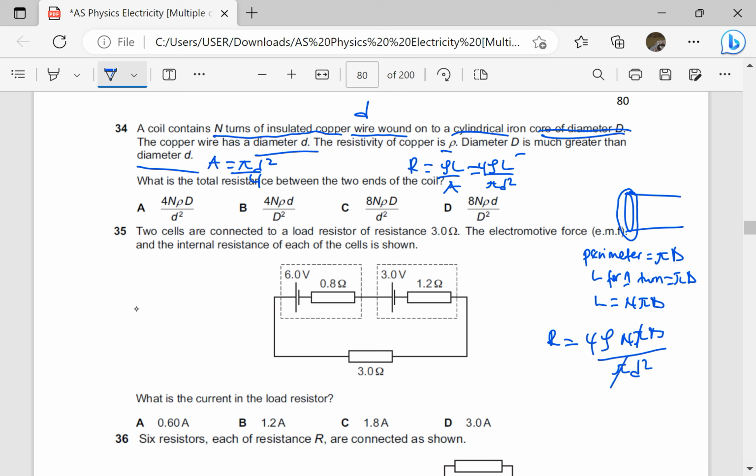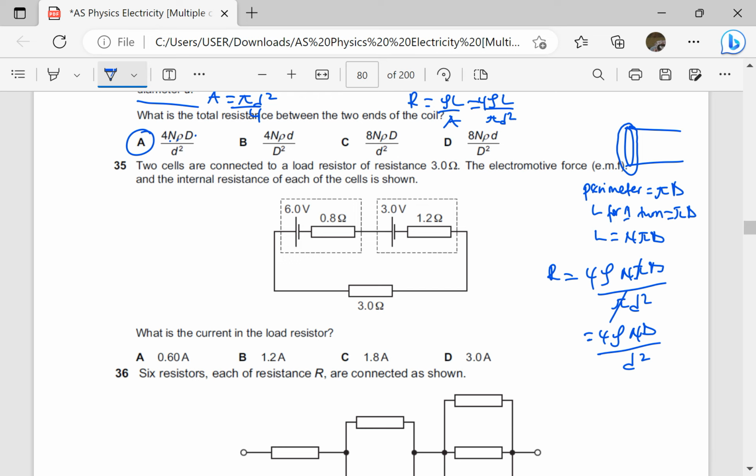So pi cancels out, and I remain with 4 rho n d divided by d squared. So my answer is precisely going to be A, 4 n rho d over d squared.